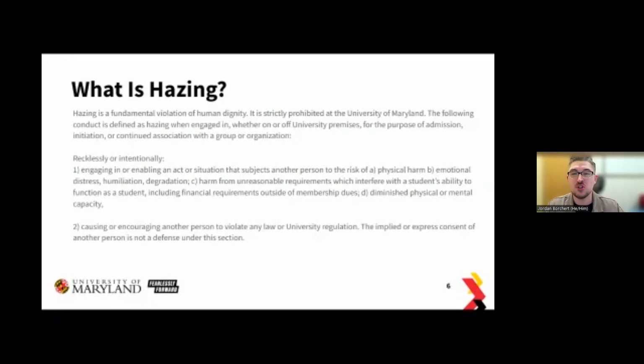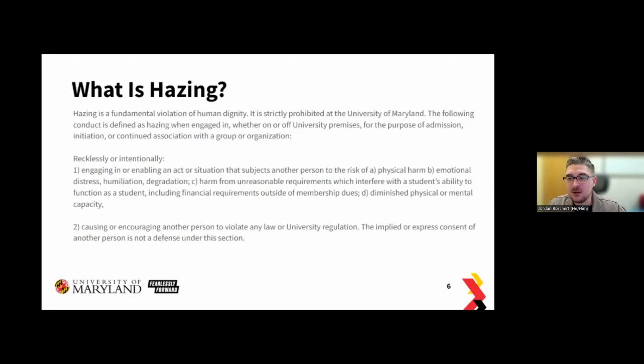They're students first, and we want to make sure that whatever they're doing in their fraternity or sorority experience, there's no interference with their ability to be a student and be academically excellent, which includes financial requirements outside of any kind of membership dues or monies that they need to pay, diminish physical or mental capacity, and causing or encouraging another person to violate any law or university regulation, right? We don't want them to be encouraged or asked to do something that's against the law. That just doesn't make sense.